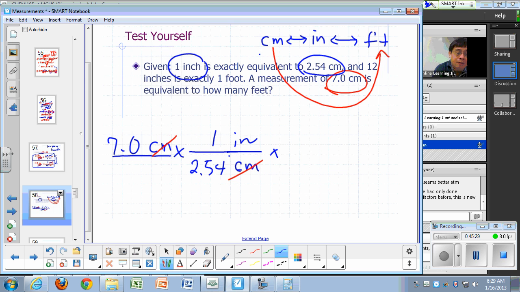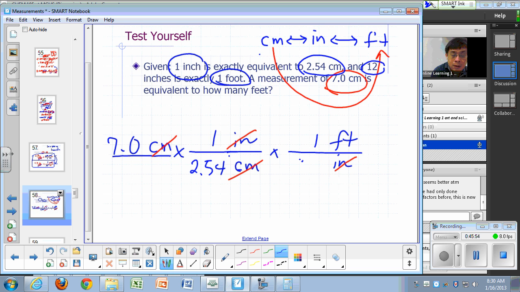Now I want to get rid of inches. So in my next conversion factor, where does inch go? The bottom, and feet goes on top. That allows me to cancel inch. So what number goes with inches down here? Relationship between inches and feet. 1 foot is 12 inches.